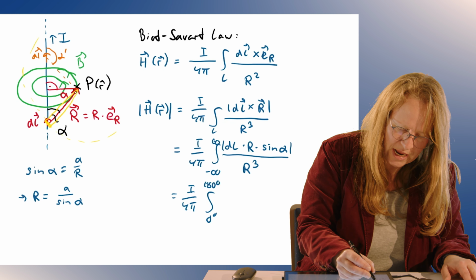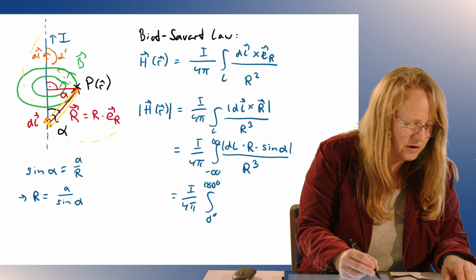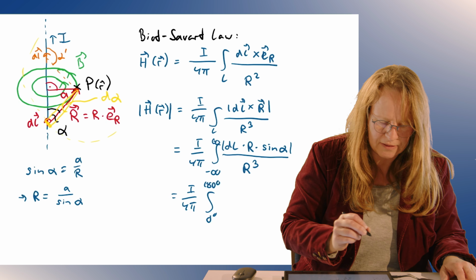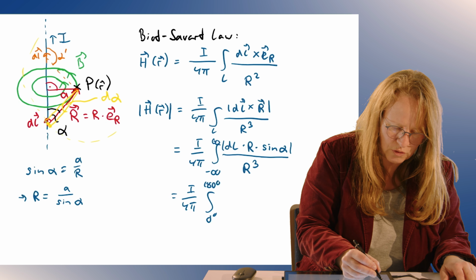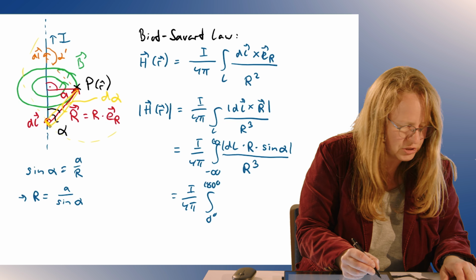It has the radius R, and then this is an element d alpha of the circle. So this d alpha is this element up here. And this element d alpha is connected to the part down here by being a part of the circle. So we have R times d alpha is this little piece here.